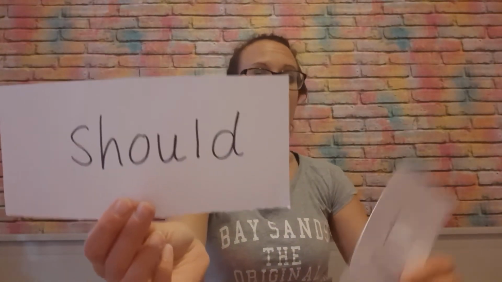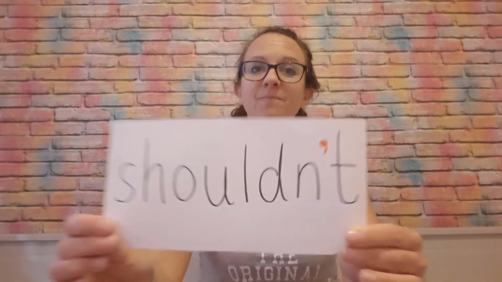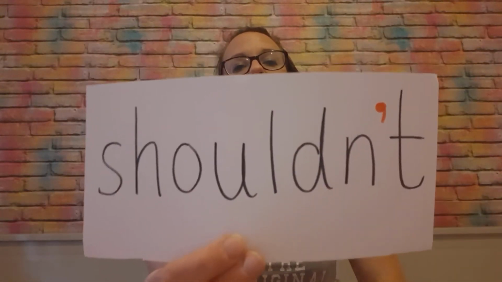And if we've done that one, I think you're going to be able to do this one as well. So we've got should not, you should not run in the corridors, becomes shouldn't. That's right, shouldn't, should not. Okay, so there are three words that we are learning today.